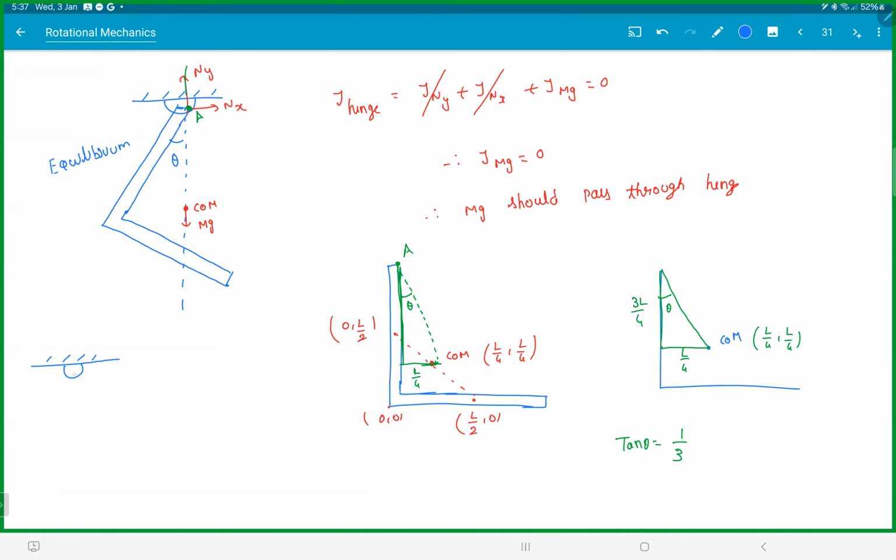Suppose you have a hinge, and you have a half ring, that you can try. I don't remember the answer. I think it is 2 by pi or something. Check it out. You can prove it as homework.